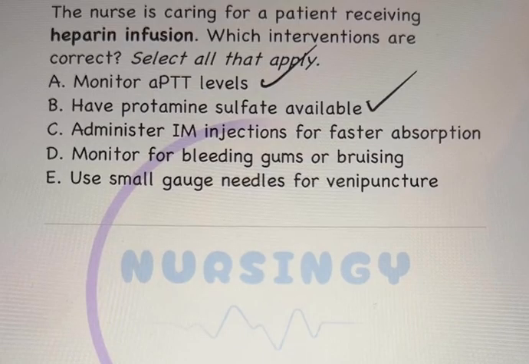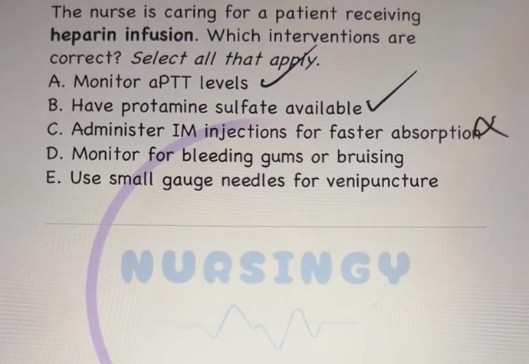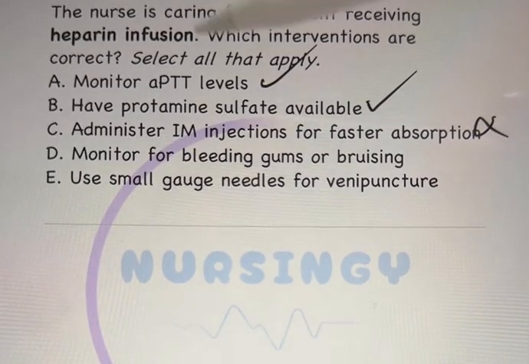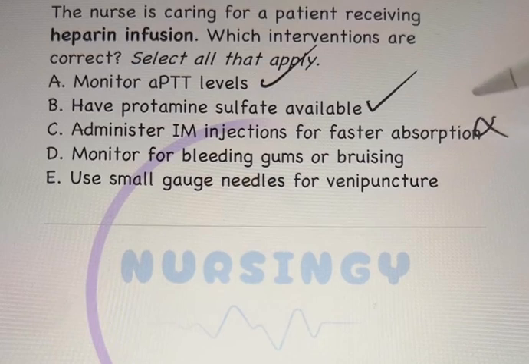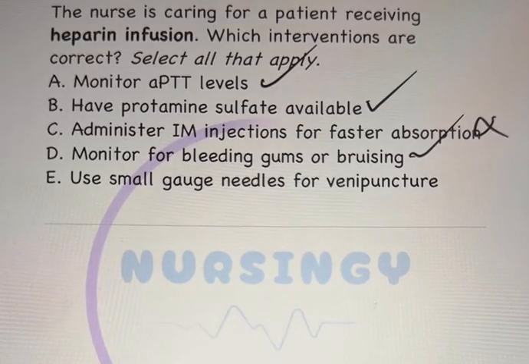You will have higher bleeding chances and hematoma, so we don't want to give it IM. Do we need to watch for bleeding gums and bruising? Yes, always, because then we need to adjust the dose. That means we are going toward toxicity.